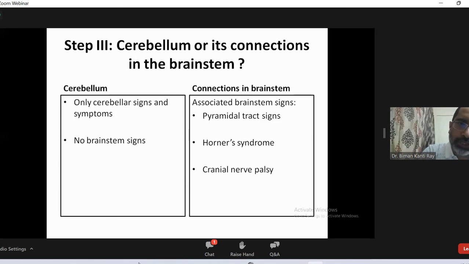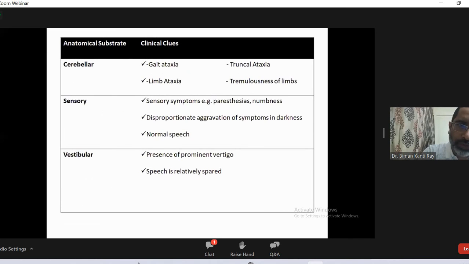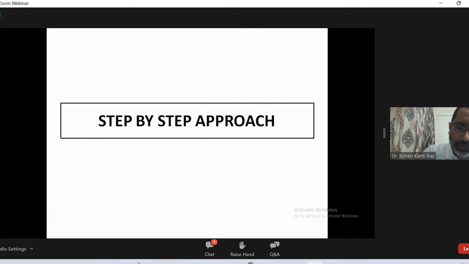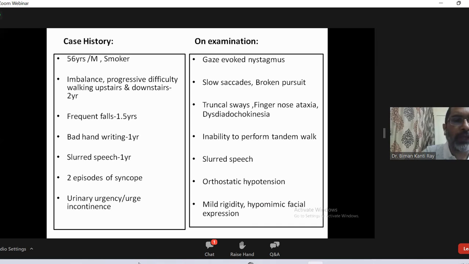Again, go back to this history. This particular patient had 2 episodes of syncope, and there was urinary urgency and urge incontinence. That tells you probably this patient also has dysautonomia. This patient also has mild rigidity and hypomimic facial expression.